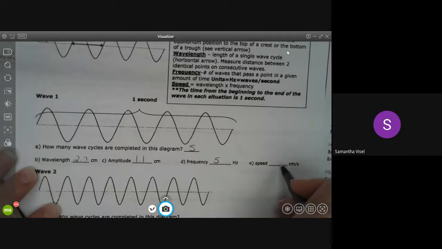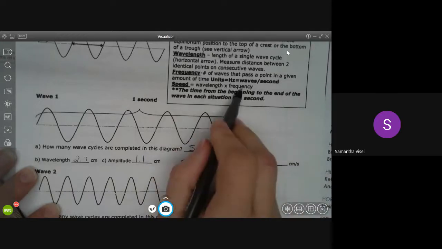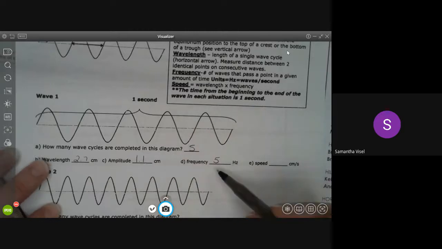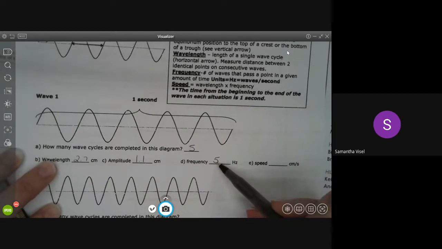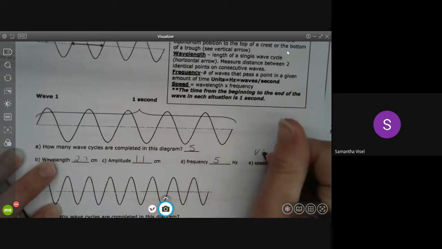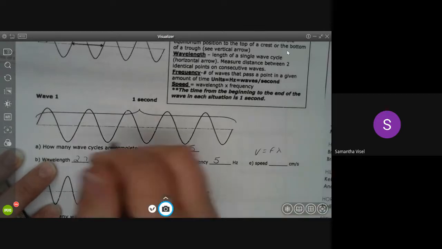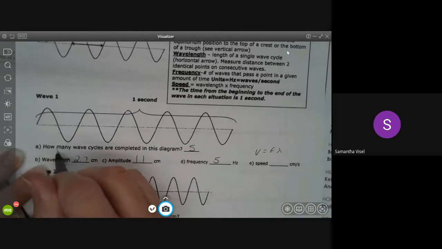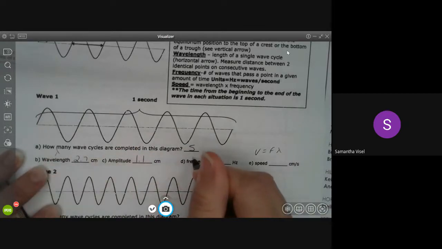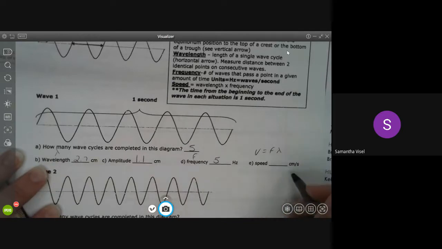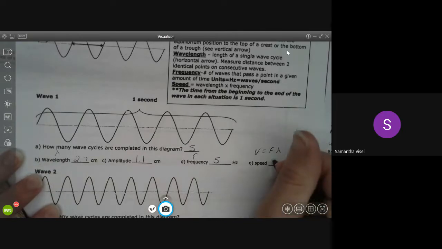And then my speed, so that's wavelength times the frequency. So I can multiply 2.7 times 5 in my calculator equals f times lambda. Remember, our symbol for wavelength is lambda. Symbol for frequency here is f. So when I multiply these two together, you get about 13 and a half.